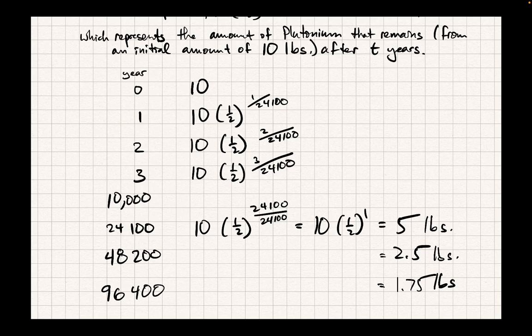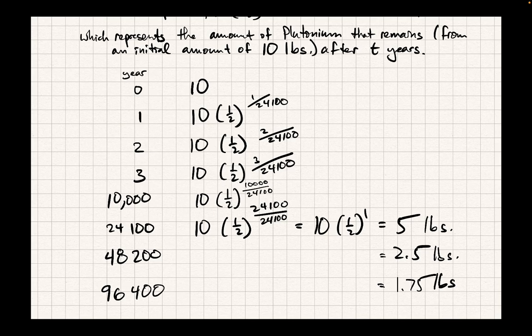That would be 10,000 years. Okay. Tell me how to write it. Don't go to your calculator yet. It's the formula, and just 10,000 over 24,100: 10 times 1/2 to the power of 10,000 over 24,100.